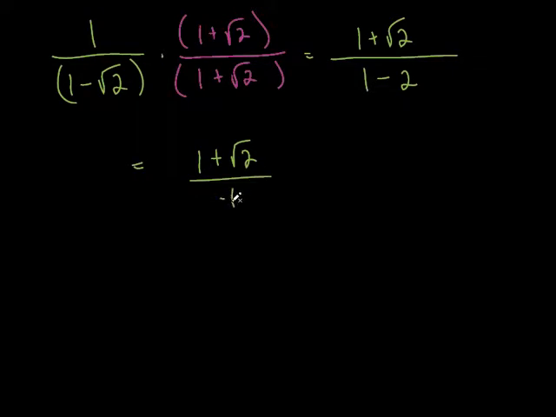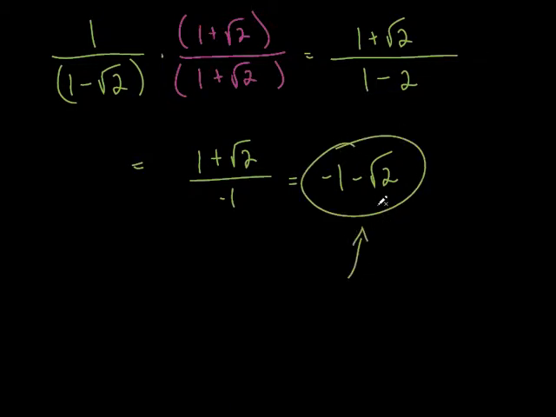Now, this is really not the best way to write this either. Because if you take a look at it, both of these things are being multiplied by negative 1. So here's the nicest way to write this. What's 1 divided by negative 1? It's negative 1. What's positive square root of 2 divided by negative 1? It's negative square root of 2. All that did was just change the signs of both of those. Nope, I want you to keep it like this.